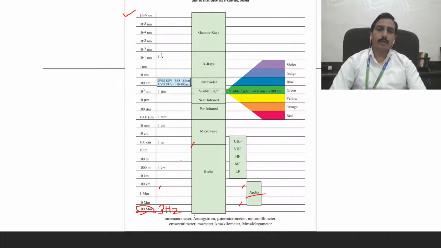Like in amplitude modulation broadcasting, the radio frequencies for broadcasting our signal in the radio band range from 450 kilohertz to 1.5 megahertz.